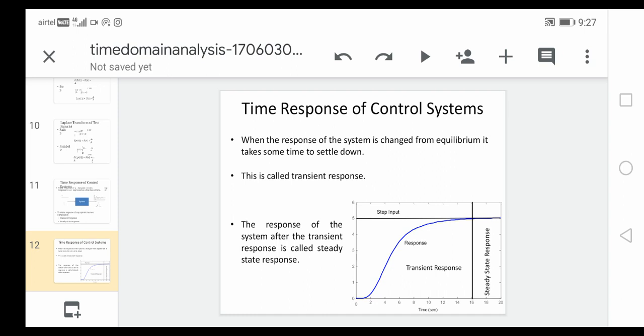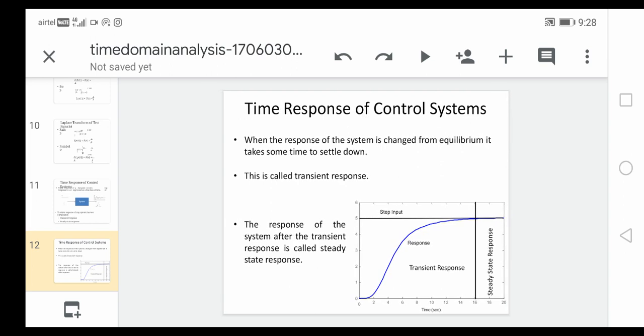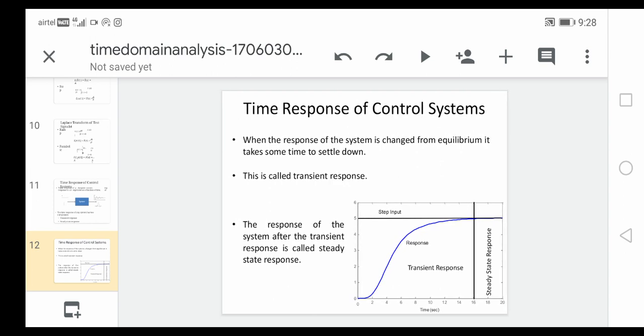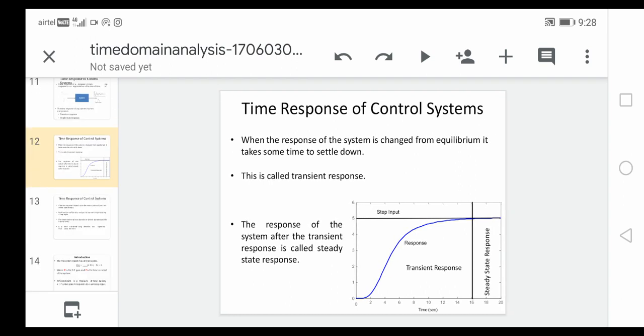How much time the system takes to settle down, that is the transient response. The response of the system after the transient response is called the steady state response. Any system's time response must have a transient response as well as a steady state response.